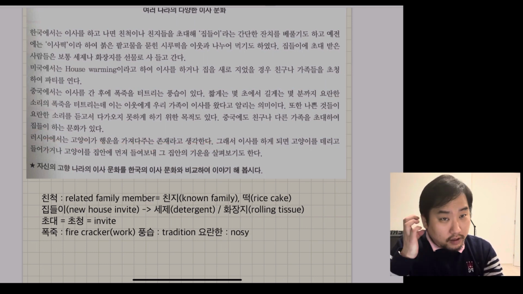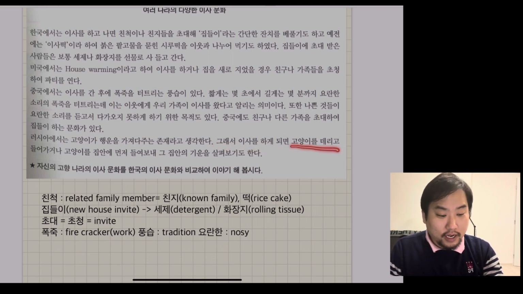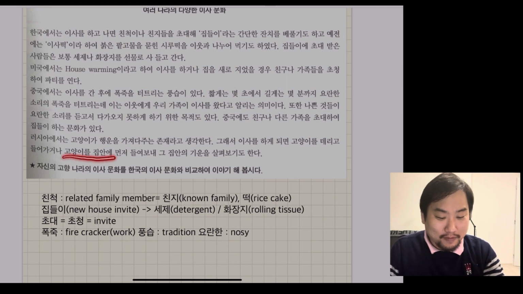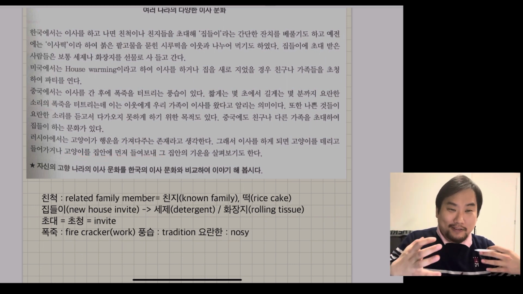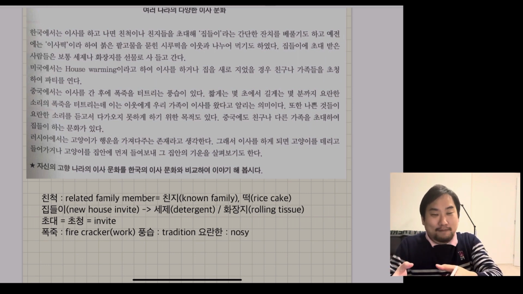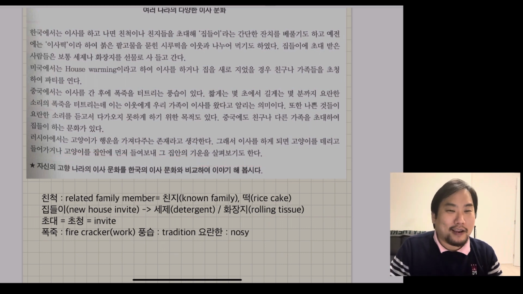They think cats are entities that bring luck. 그래서 이사를 하게 되면 when they move, 고양이를 데리고 들어가 or 고양이를 집안에 먼저 들여보내. Before anyone enters the house, they put the cats in first 먼저 들여보내 그 집안의 기운을 살펴보기도 한다. So let the cats look around the new house.